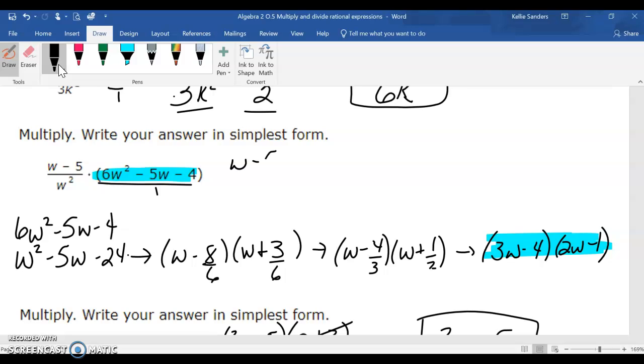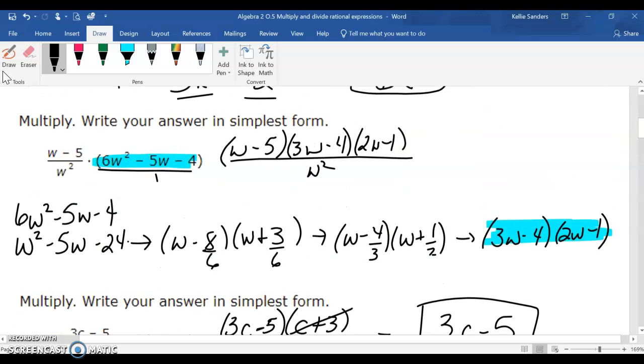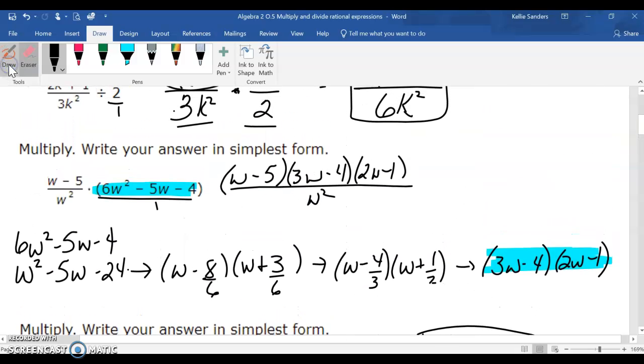We have the w minus 5 on top, and if we factor that, we got the 3w minus 4 and 2w minus 1 all over w squared. Does anything cancel out? Unfortunately, no. But I did not know this until I have it all written out. So sometimes it does cancel out, and sometimes it does not.